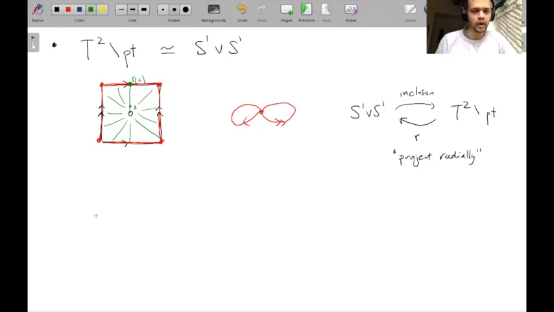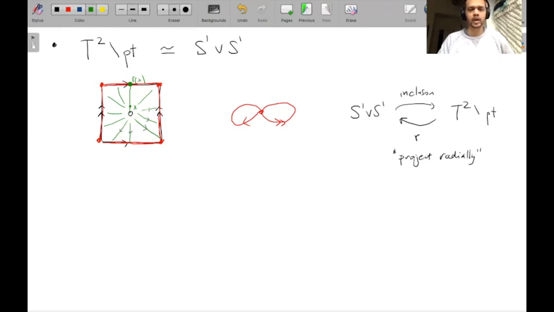And this picture also shows you, again, what we'll see is that if we include and then project, we just have the identity. But if we project and then include, that's not the identity map, but it is homotopic to the identity map. And the homotopy is indicated in this picture.